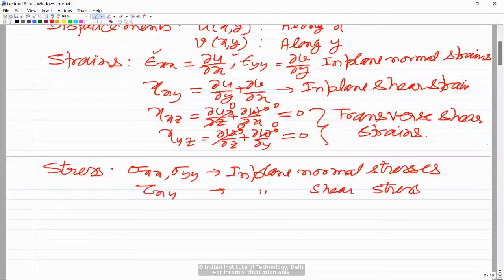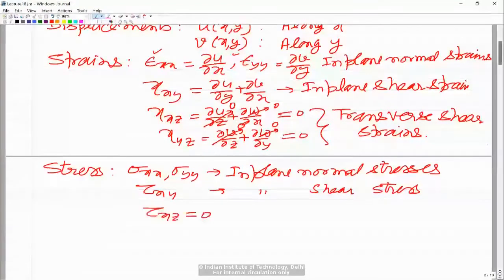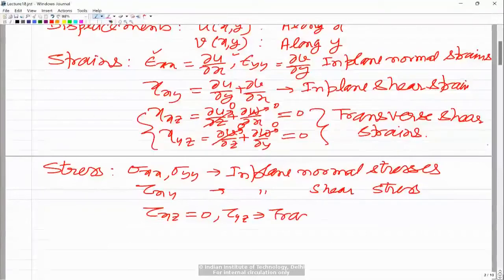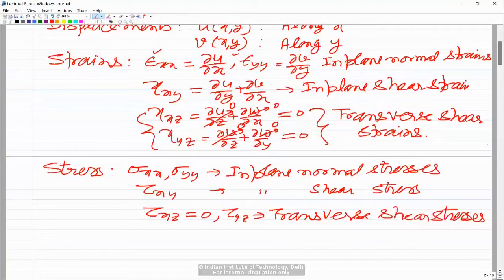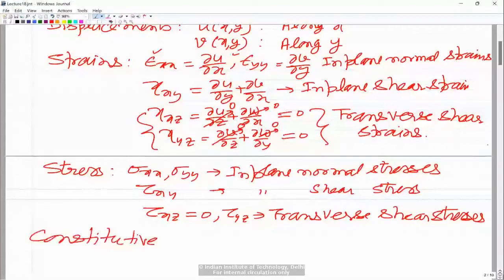Of course, you will also have tau xz equal to 0 and tau yz equal to 0. Similar to the transverse shear strains, these are transverse shear stresses. Once we have these components, then we'll look at the stress-strain relation, what we call the constitutive relation, or stress-strain relation.